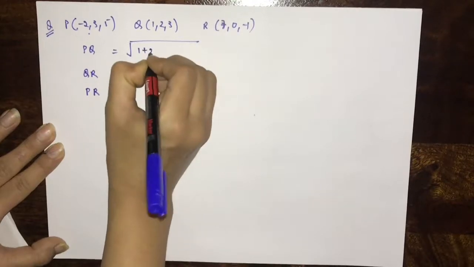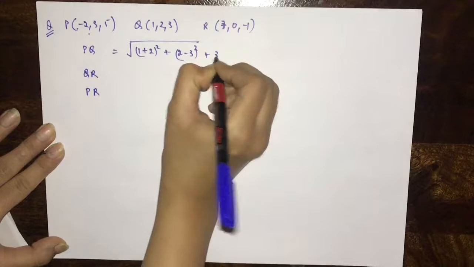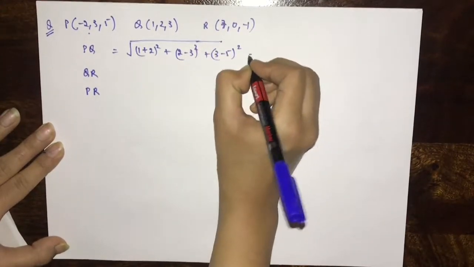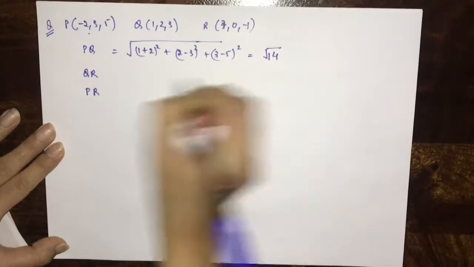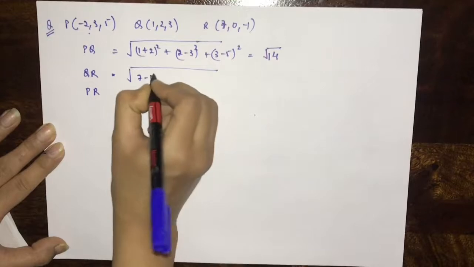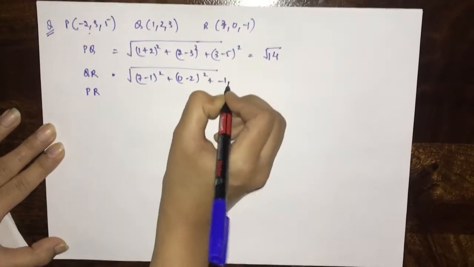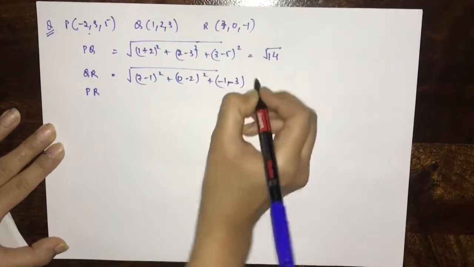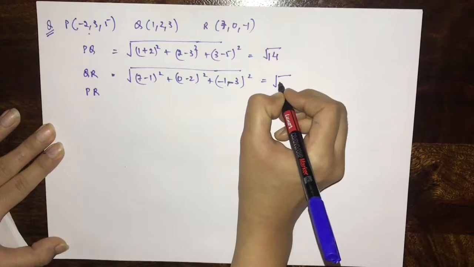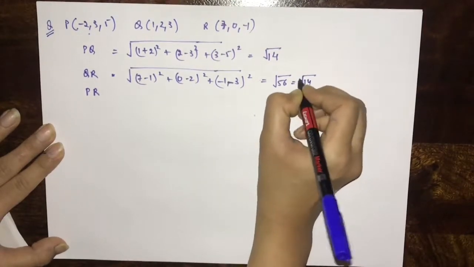PQ is 1 plus 2 square plus 2 minus 3 square plus 3 minus 5 square. When you solve it, you will get something like root 14. You find QR, which is 7 minus 1 square, 0 minus 2 square plus minus 1 minus 3 square. You will get root 56, which is 2 root 14.